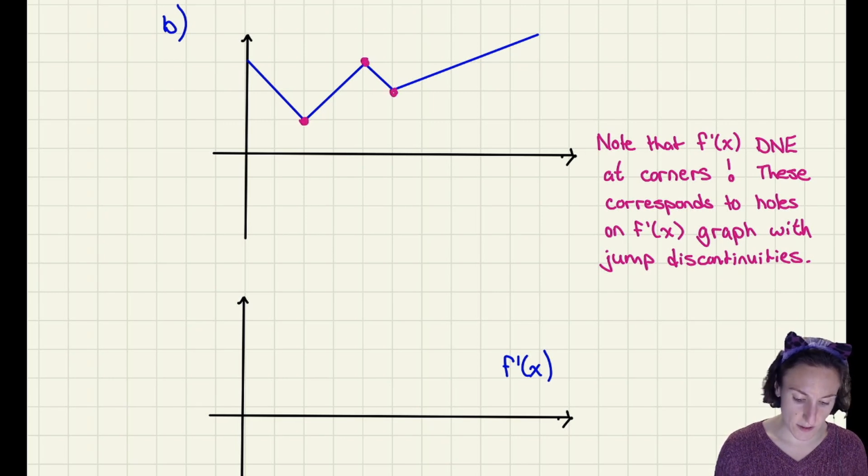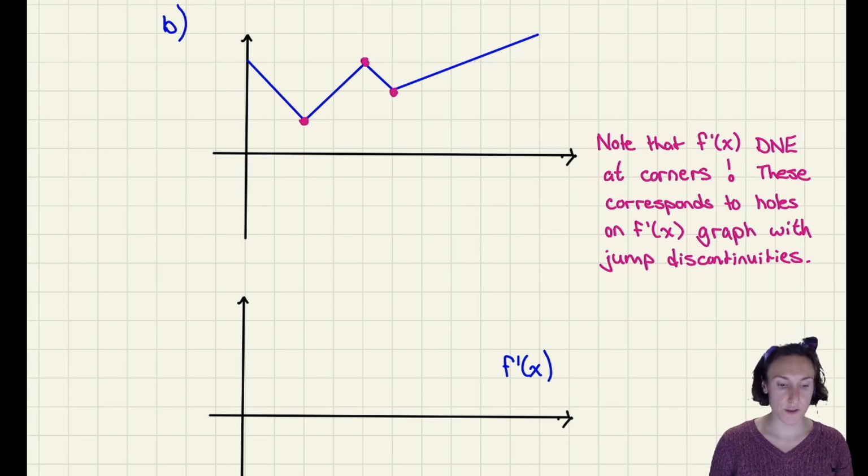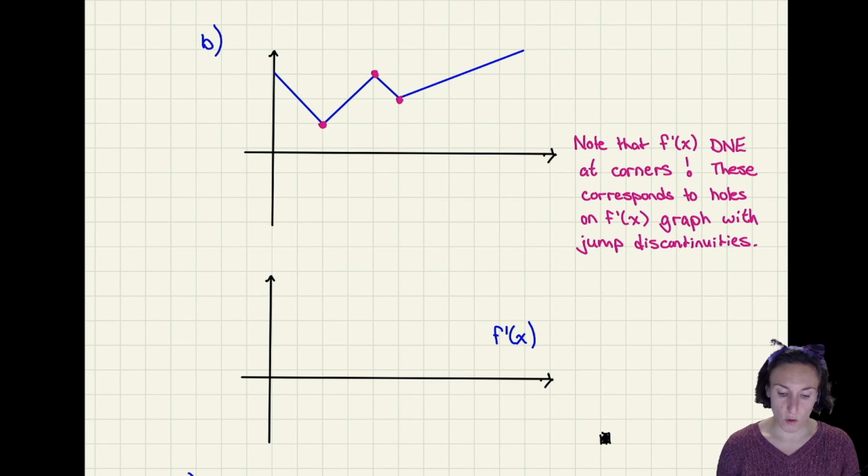These little spots here are corners. Even though our function is continuous with corners, our f prime does not exist at corners. So these are going to correspond to holes in our derivative function.